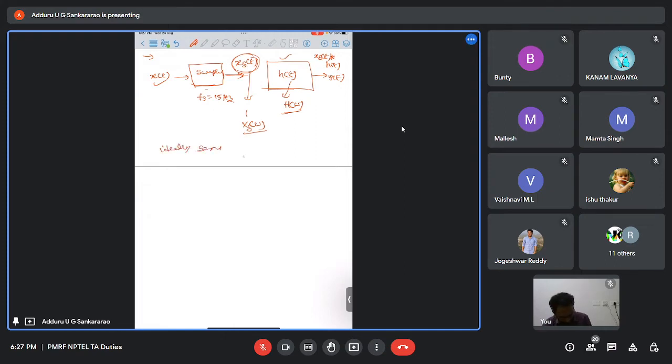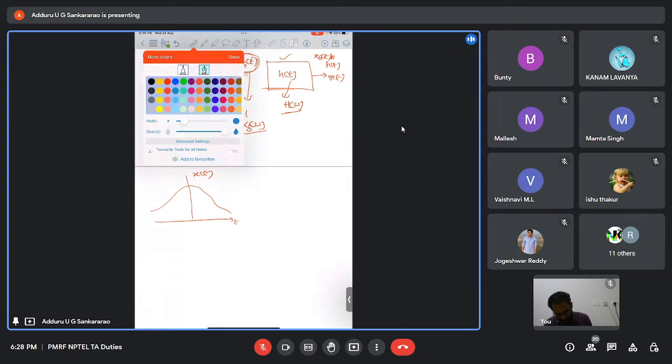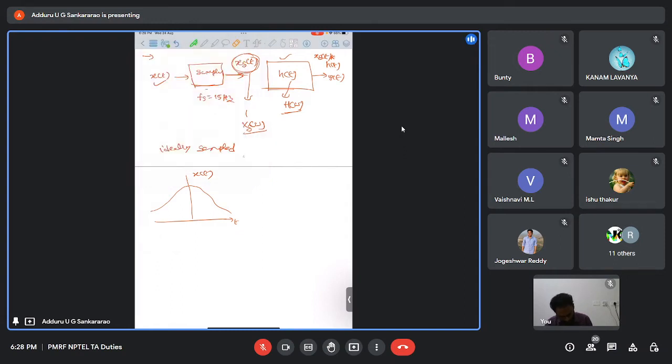Can somebody tell me how we can get the sampled signal? We know why we use sampling. Let us say we have some signal like this, x of t, and we want to transmit it. Instead of transmitting the signal as it is, we will sample the signal and take some discrete values.